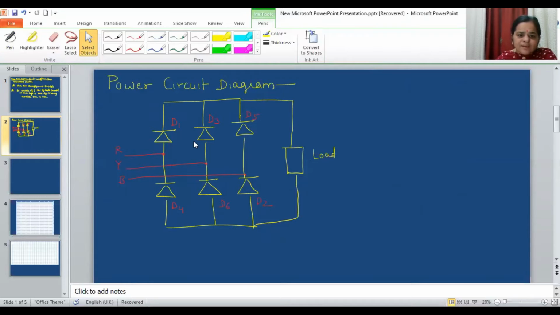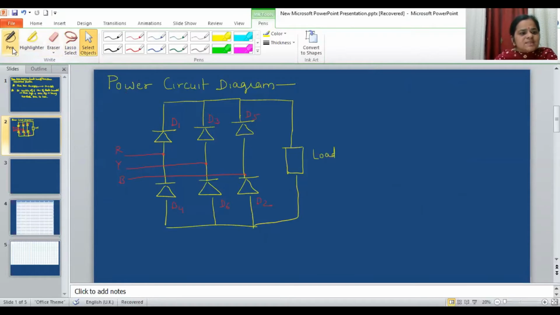So D1, D3, D5 are the upper diodes, and D4, D6, D2 are the lower diodes. D1, D3, D5 are connected in a common cathode configuration, as the cathodes are short circuited. Whereas D4, D6, D2 are connected in a common anode configuration.